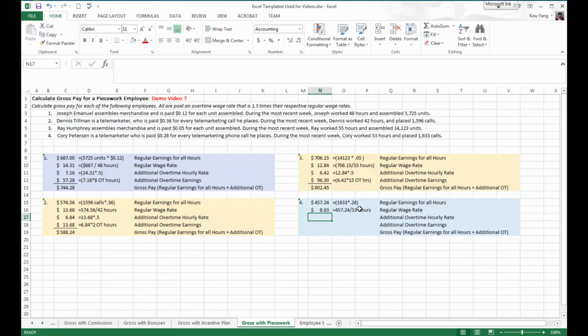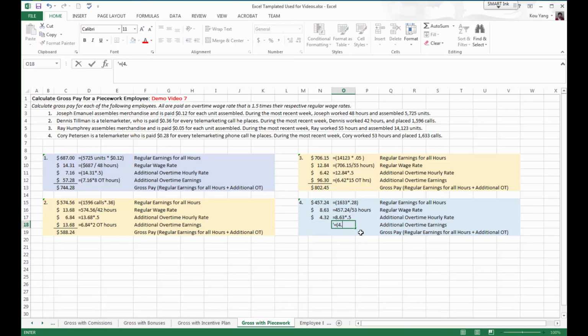That's $8.63 for his regular rate. The additional overtime hourly rate, same concept: I'm going to take $8.63 times the 0.5, for $4.32 for the additional overtime hourly rate.